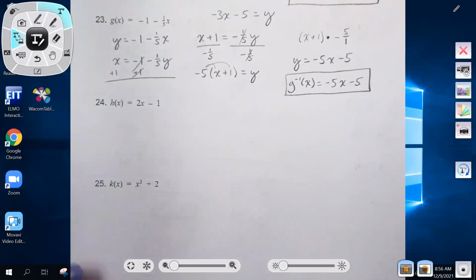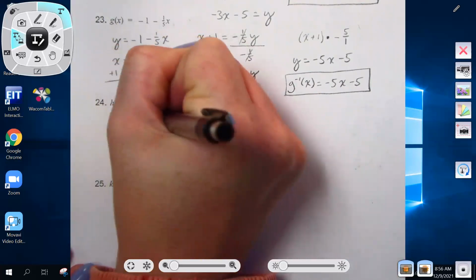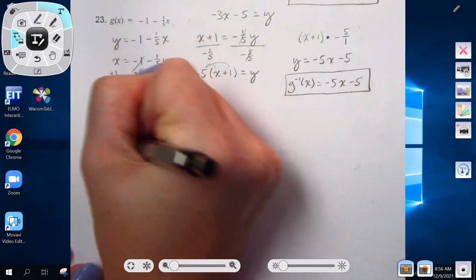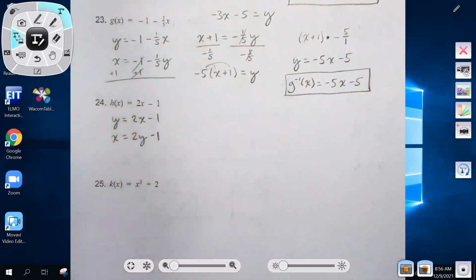Number 24, change h of x to y and switch the x and the y. Those two steps should be done immediately, really without even thinking. Then we're going to work to get y by itself.